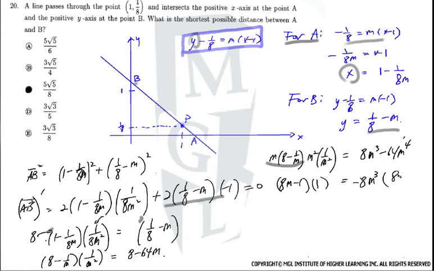You get exactly 8m minus 1. Okay, so let's bring this whole term to the left side. You can see that 8m minus 1 is common. So you can factor that out.